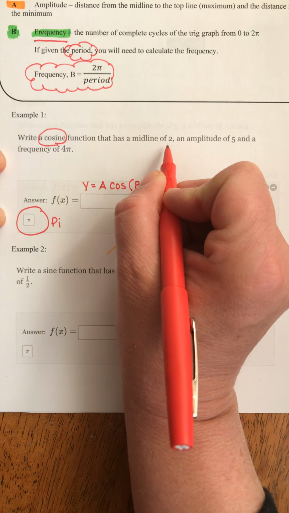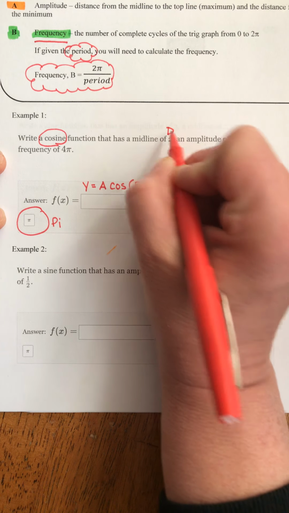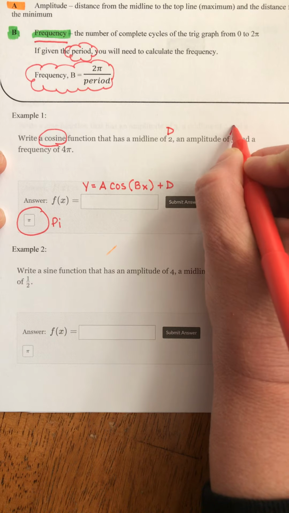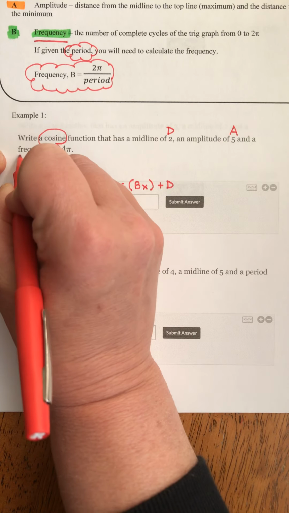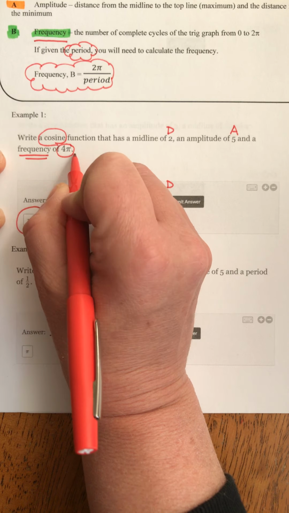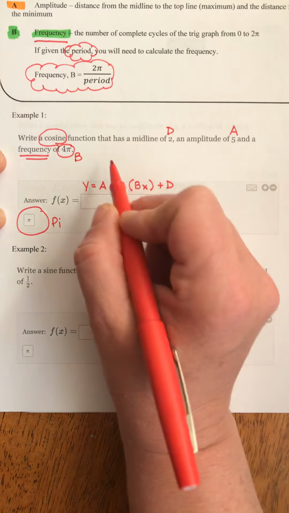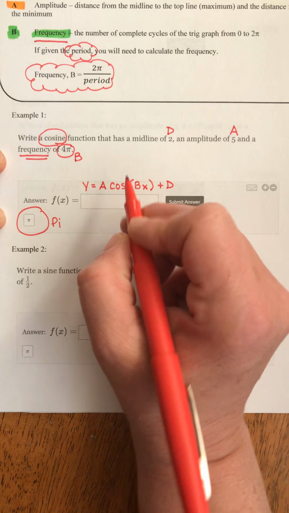The midline is 2. Well, the midline is your D value. Amplitude is 5, that's your A value. And a frequency of 4 pi. So they told you it's the frequency, so it's your B value. So all we have to do is put those A, B, and D into our equation.